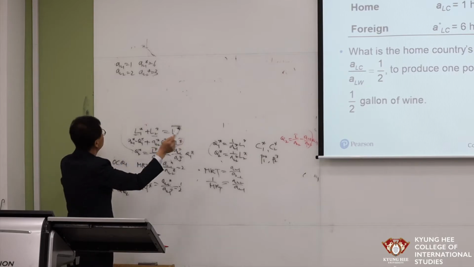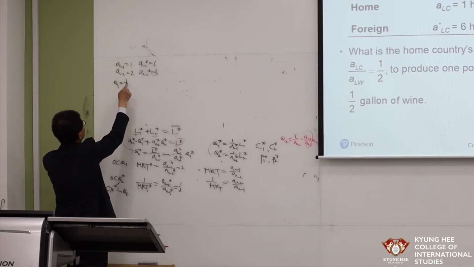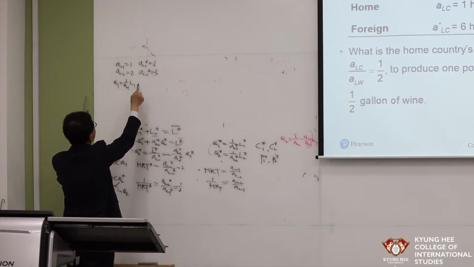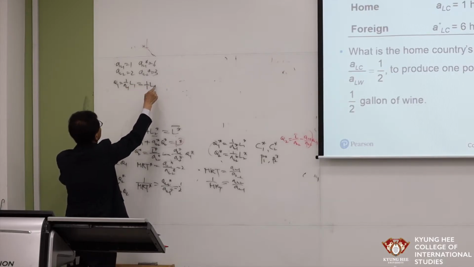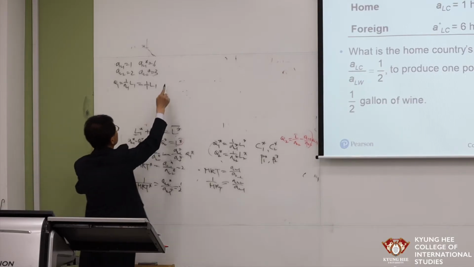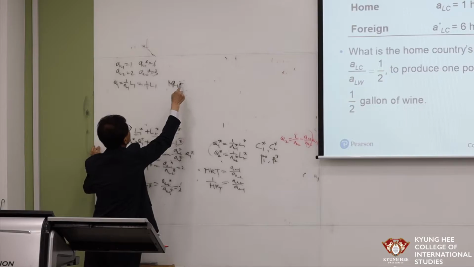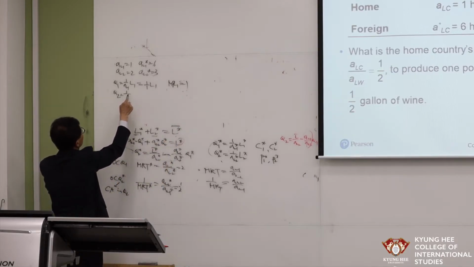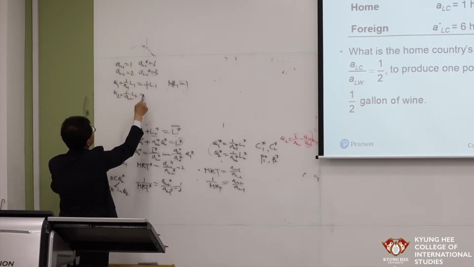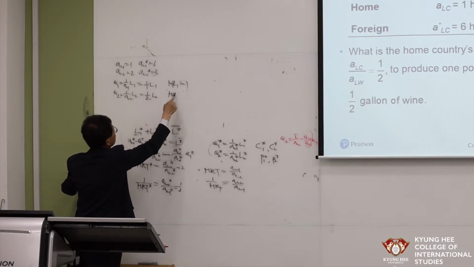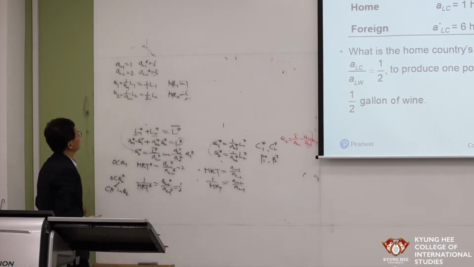Q1 is 1 over AL1 times L1, so Q1 is 1 over 1 times L1. Q1 is L1, so MPL1 is 1. Q2 is 1 over AL2 times L2, where AL2 is 2, so MPL2 is half.